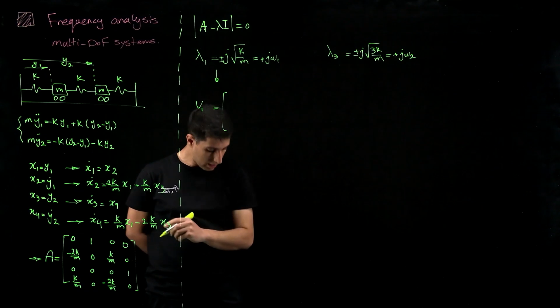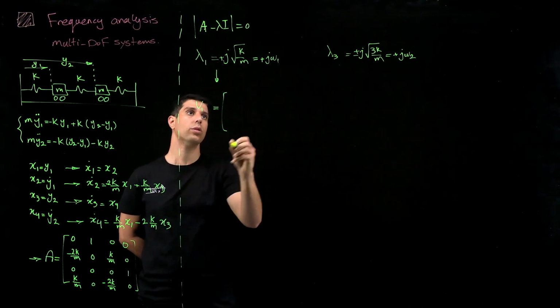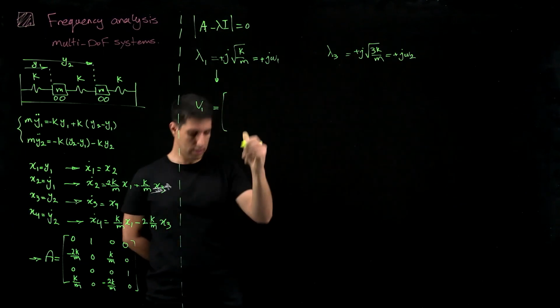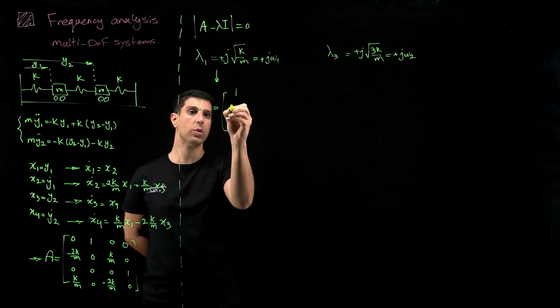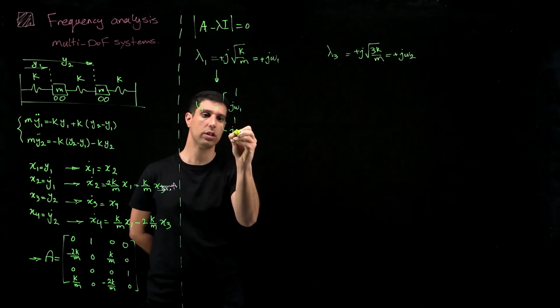So the first eigenvector associated with that positive eigenvalue is [1, j omega 1, 1, j omega 1].